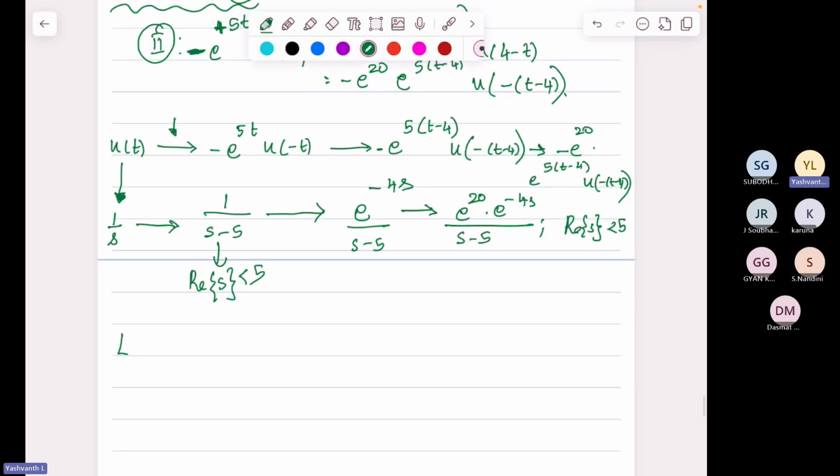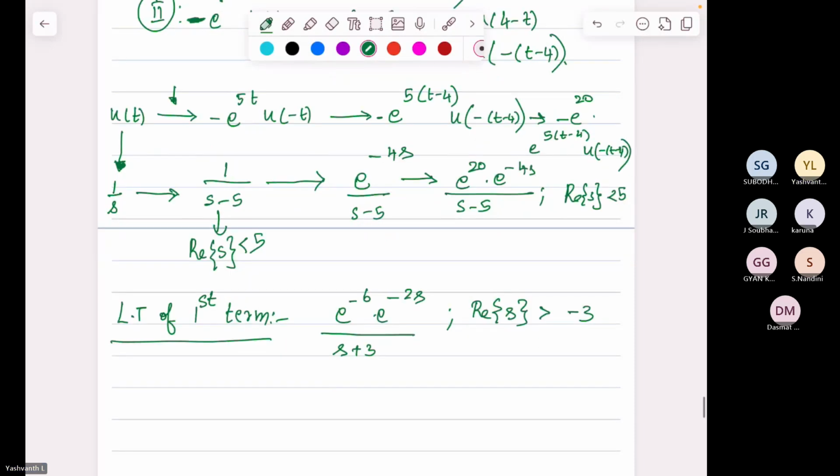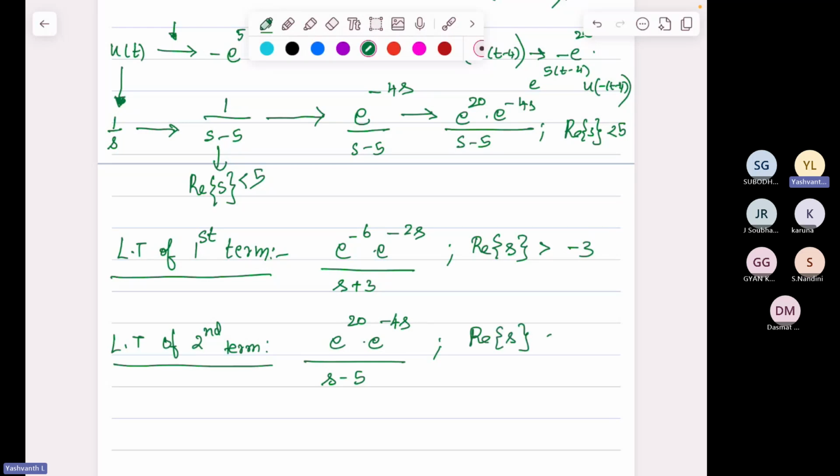Now let's just quickly summarize. The Laplace transform of the first term is e power minus 6 into e power minus 2s by s plus 3, with ROC real part of s greater than minus 3. Laplace transform of the second term is e power 20 into e power minus 4s by s minus 5, with ROC real part of s less than 5.